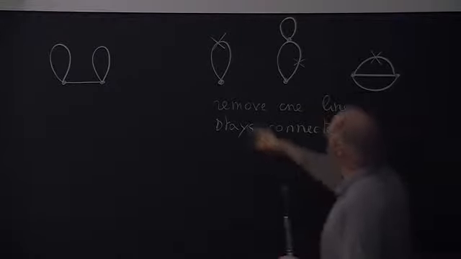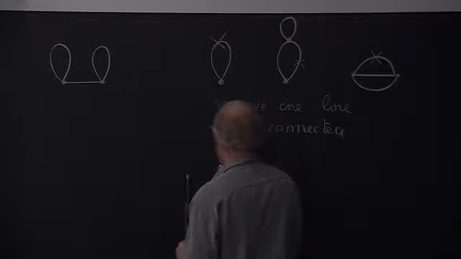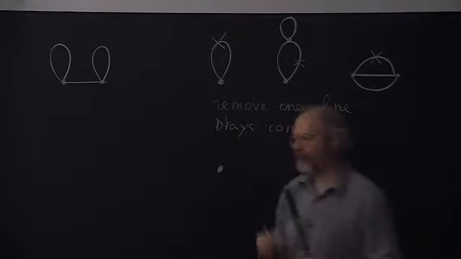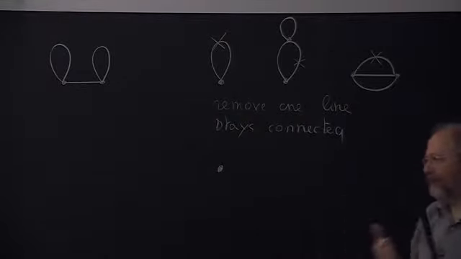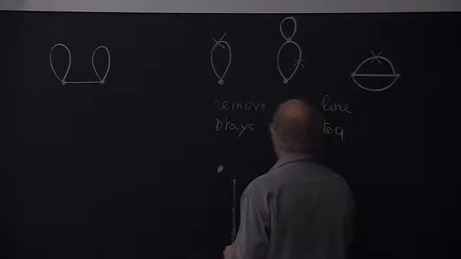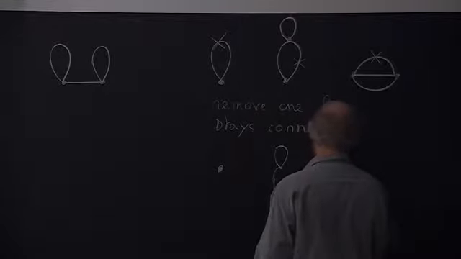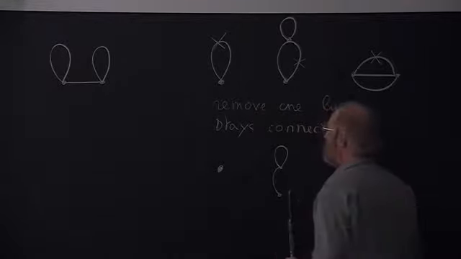So if you remove these lines, this diagram becomes this one, which is just one diagram with one vertex, so by definition it's connected. If you remove this one, what you get is this diagram, which is connected, and if you remove this, you get a diagram which is connected.